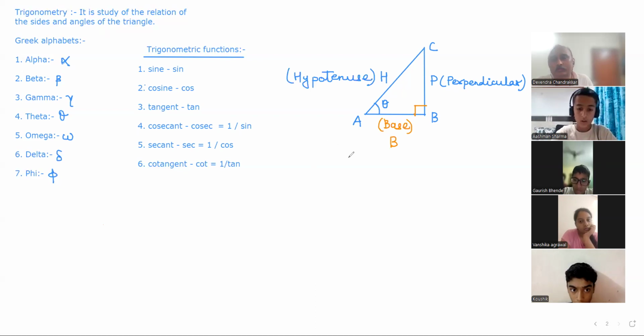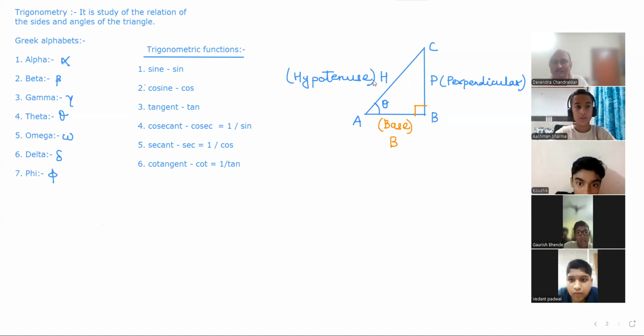This side is the hypotenuse H. Clear है बेटा सबको? Yes or no? All of you, please say yes or no, or type yes or no. Hello, hello, hello. Am I audible? Yes, sir. बोलो हाँ या ना, समझ आया कि नहीं आया? Yes, sir. हाँ, ठीक है.